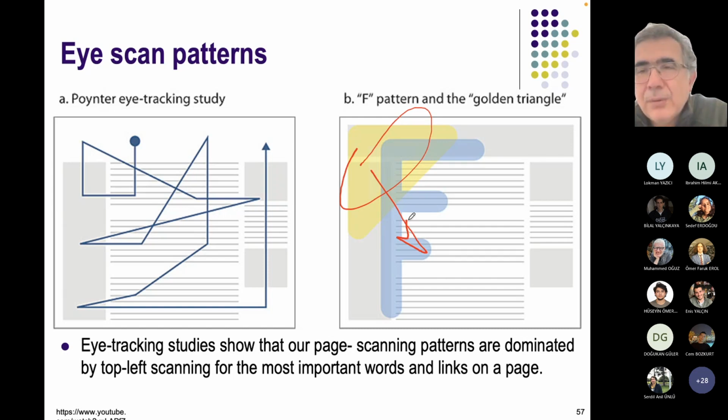So therefore, this yellow triangle is an important area. Some people call it golden triangle, and that area is quite important in navigation. When you have good navigational cues, you need to present those cues in those areas, not somewhere else.